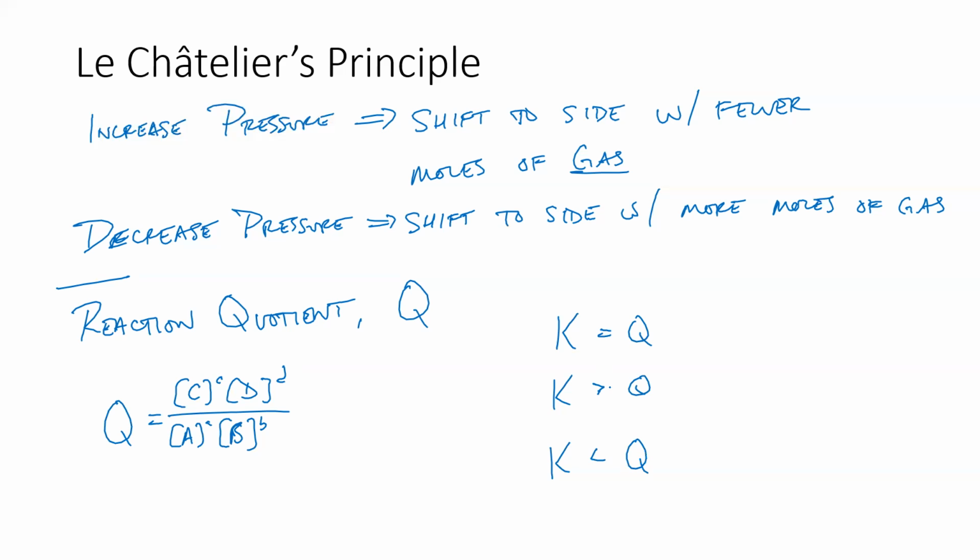For the equilibrium constant, those values have to be equilibrium concentrations. They can't just be, I added all these things together, here's the concentrations. It has to reach equilibrium first. So if K equals Q, then obviously we must be at equilibrium, because the concentrations that we used for Q are the same as the concentrations that we used for K. And so we're at equilibrium.